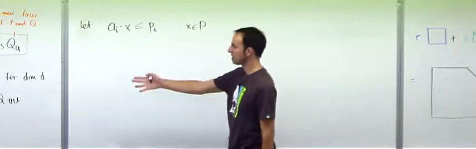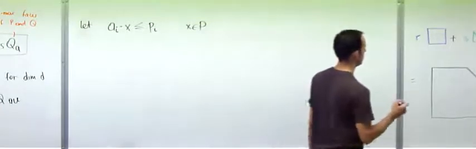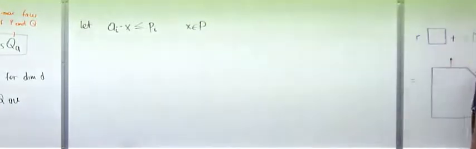So what you should be thinking is that rP + sQ has some facets, right? These are the facets. The a_i are the normal vectors.